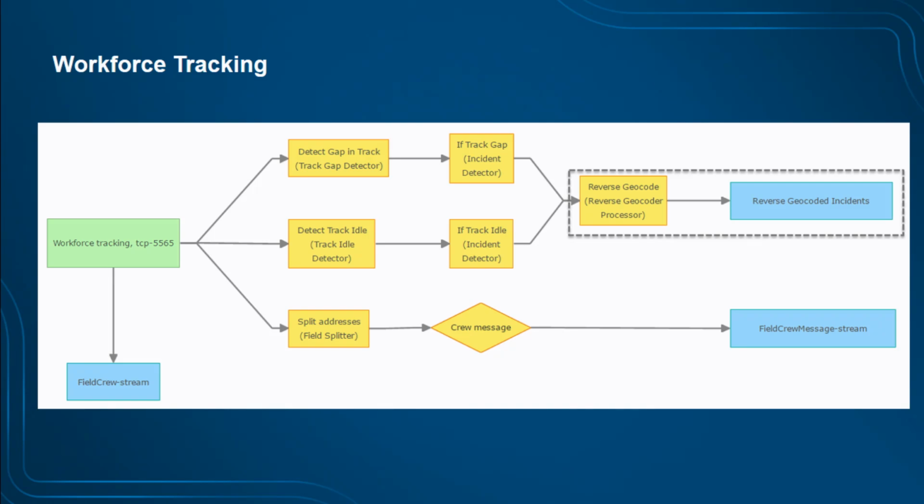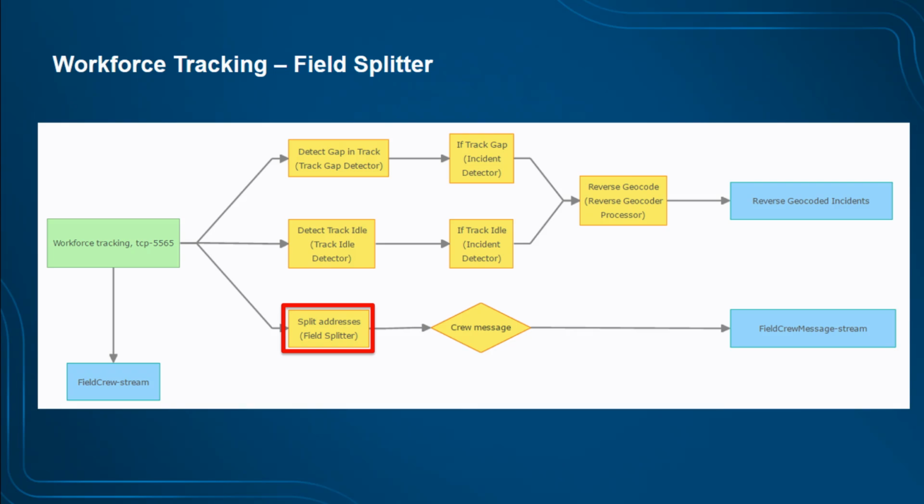So we have a reverse geocoder processor that takes the longitude and latitude, sends it out to a REST service, and gets back the nearest street address that it can find to that point location. Then the GeoEvent is enriched with that information so that the supervisor can have a better idea of where that event occurred.